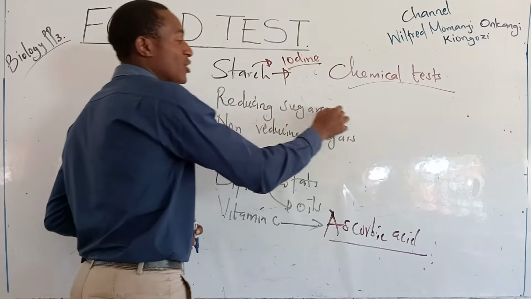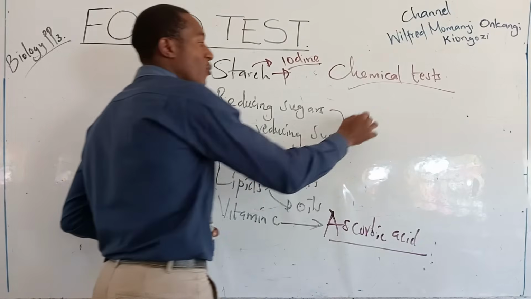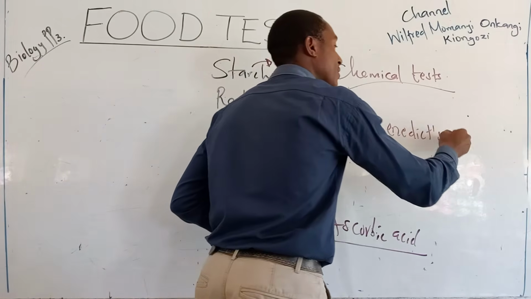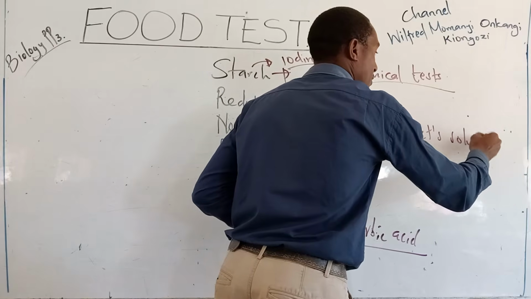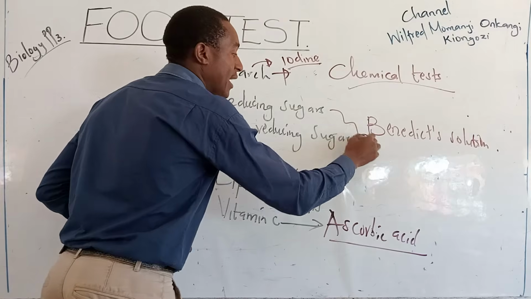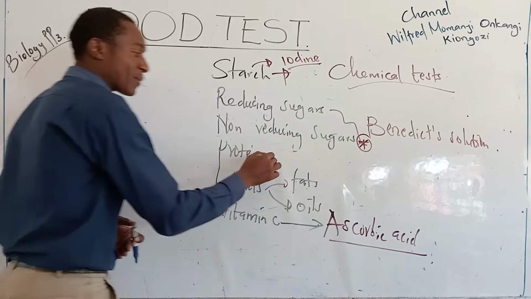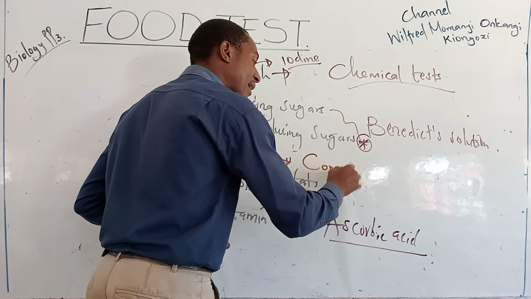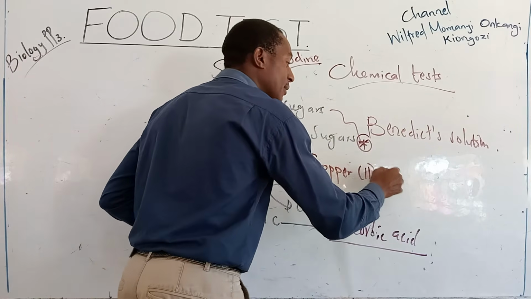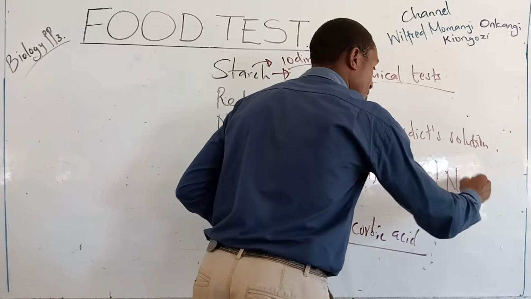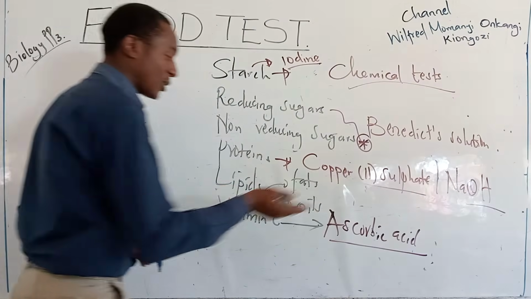If you talk about reducing sugars and non-reducing sugars, we have Benedict's solution. And of course, we have several others, especially in non-reducing sugars. If it is proteins, we have sodium hydroxide, we have copper 2 sulfates. We also have sodium hydroxide solutions. All these are solutions.